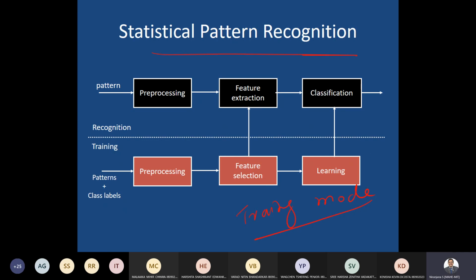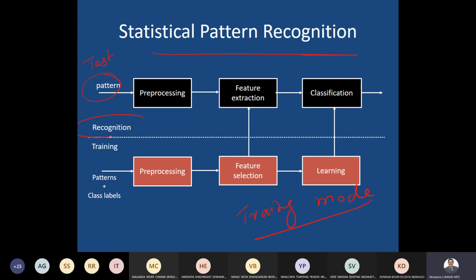Once you finish this, you can apply a pattern here. This is called a test pattern. The system arrangement may have a common block, but it is shown in a different way in the block diagram, that's all. The pre-processing may sometimes be the same hardware, so don't confuse yourself. This second mode of operation is highlighted here with the blocks.